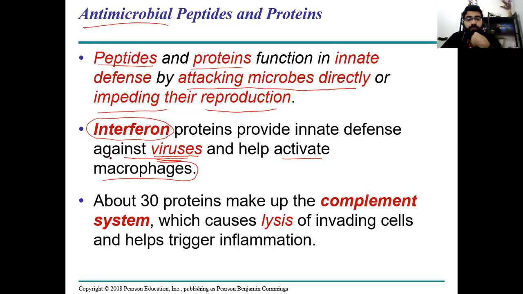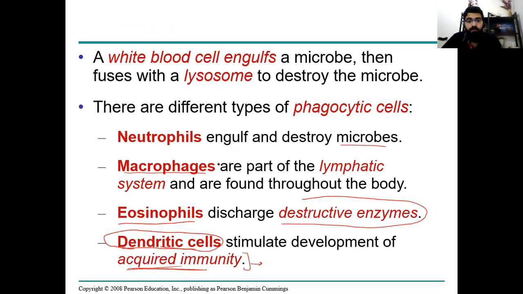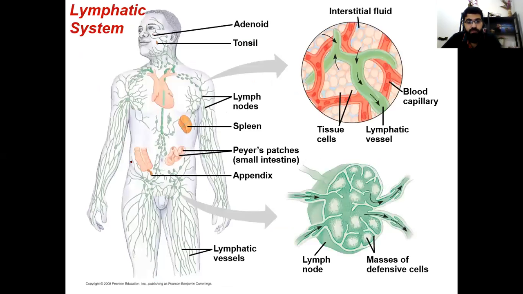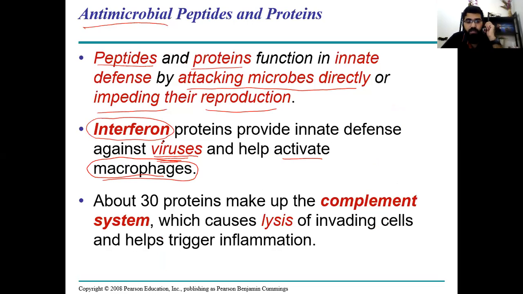What are macrophage? Macrophage, part of the lymphatic system, are found throughout the body and work in destroying the pathogens. So interferons, proteins, destroy the viruses and also help activate the macrophage.